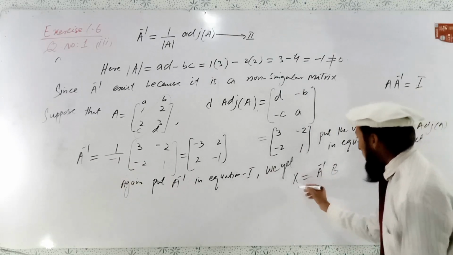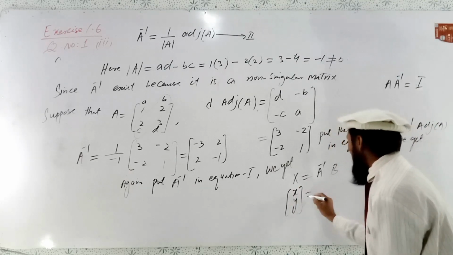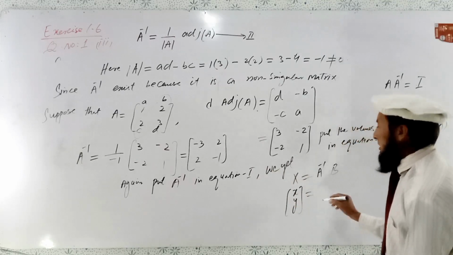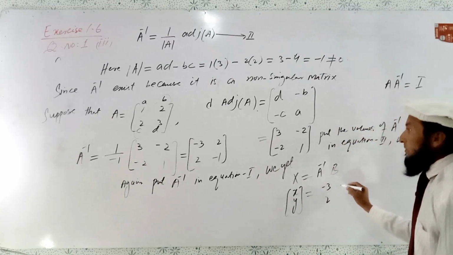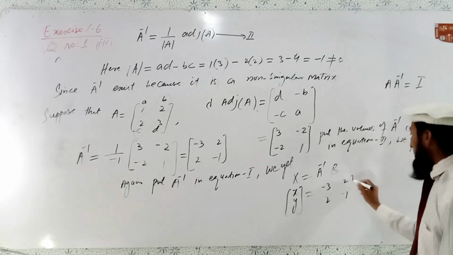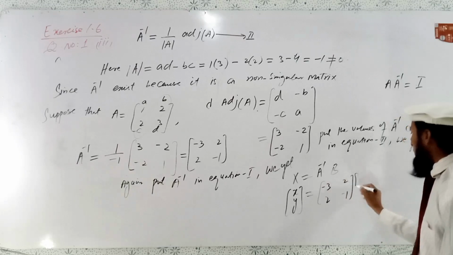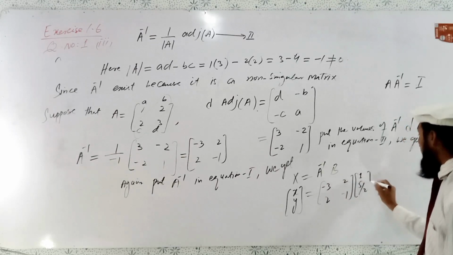We put the values here: X is equal to x and y, and A inverse we have already found: minus 3, 2, 2 and minus 1, and B is equal to 1 and 5 over 2. This is the value of B.